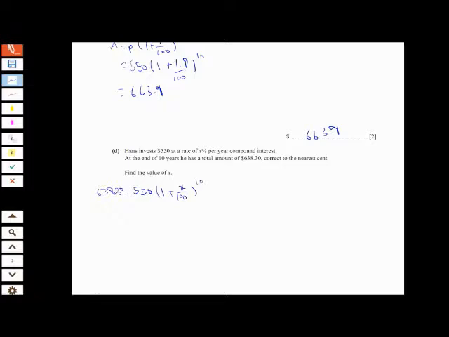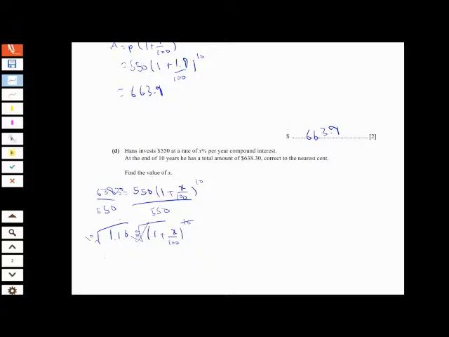Alright, now simplify that, divide both sides by 550 to get rid of the multiplication, and you will get 1.16 equals 1 plus X over 100 to the power of 10. And now we want to get rid of the power. How will you do that? By taking the 10th root of both sides. The root will cancel the power, and now we'll end up with the 10th root of 1.16.